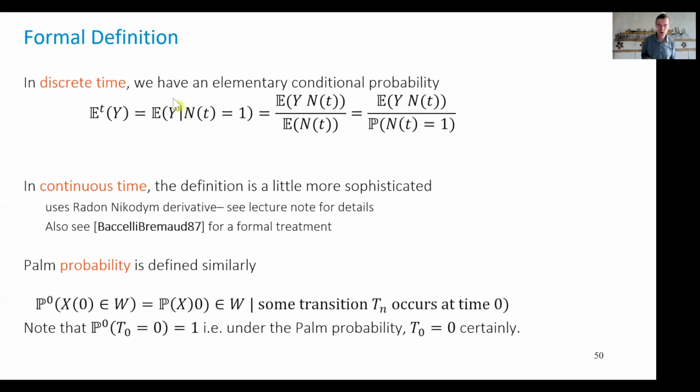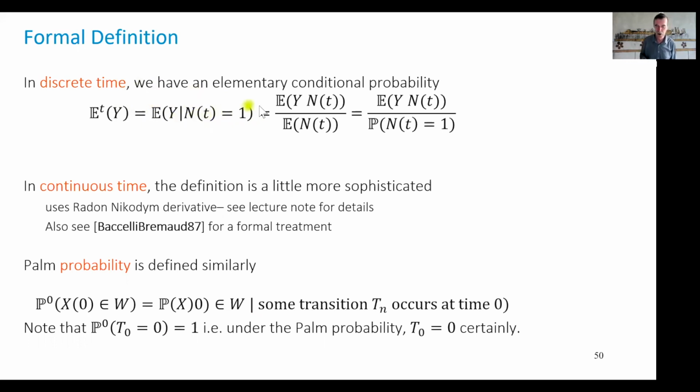Then we have the conditional expectation of y given that at time t, n of t is equal to 1. This is well defined by the formulas of probabilities, as long as n of t equal 1 has a non-zero probability, which hopefully is the case, otherwise there will never be any arrival.